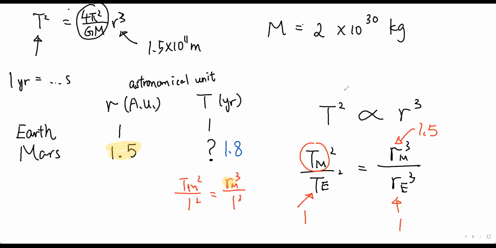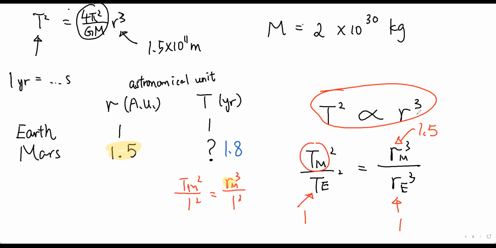Now you know how we derive this formula because 4 pi square over GM is a constant. So we can write T squared is proportional R cubed. You learn it in Form 4 math. You have learned about the variation, proportional.